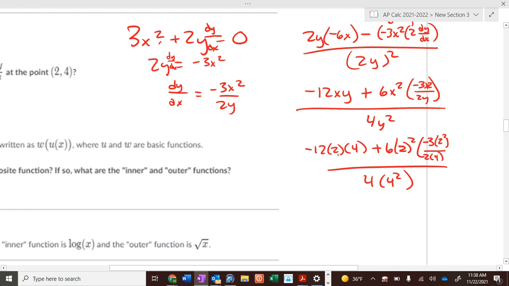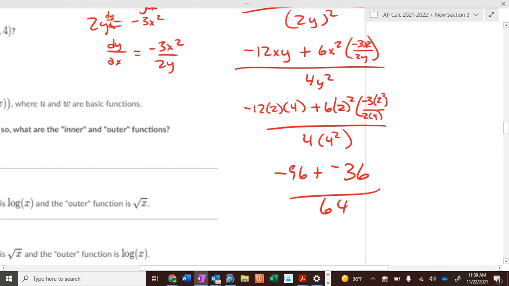So this is negative 96 plus negative, so this is 24 divided by 8, which is 3. Negative 9 times 4 is negative 36 over 64. This is one we did just a little bit ago. Negative 132 over 64.